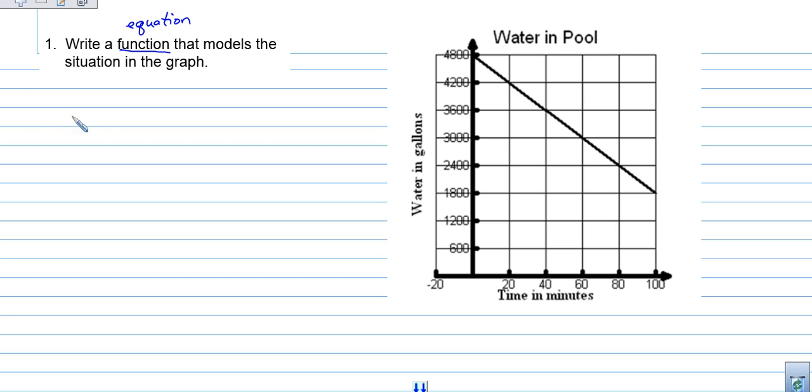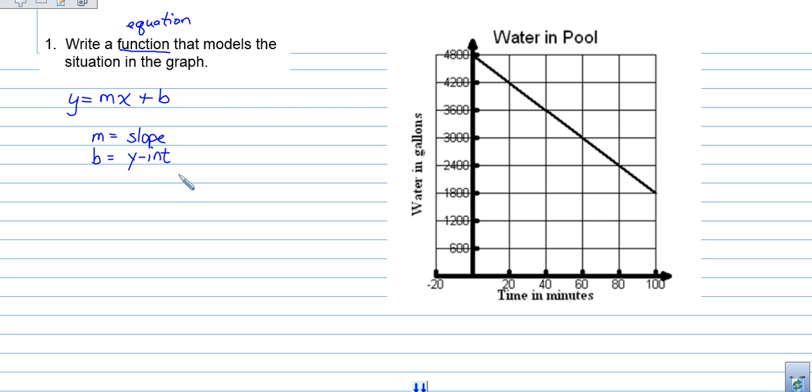or a linear function. And all linear functions follow that format of y equals mx plus b, where we need to know what m equals, that's the slope, and b is the y-intercept.